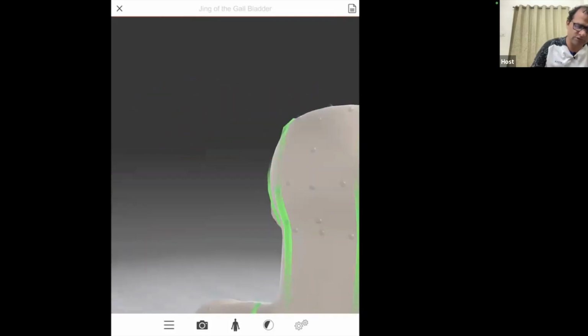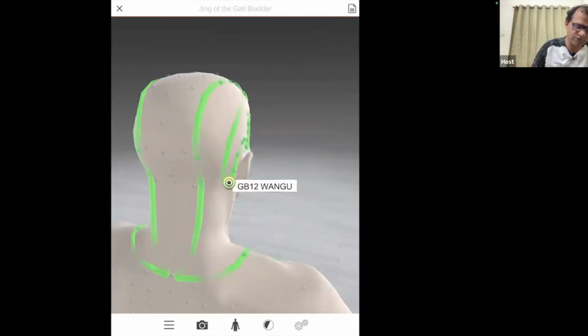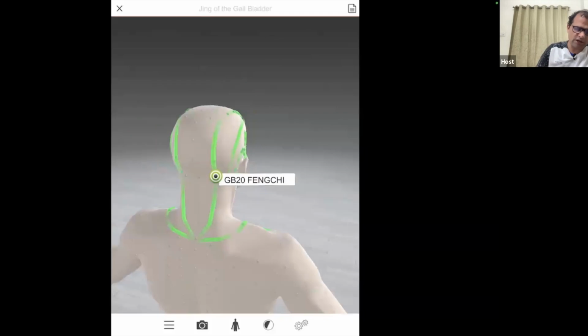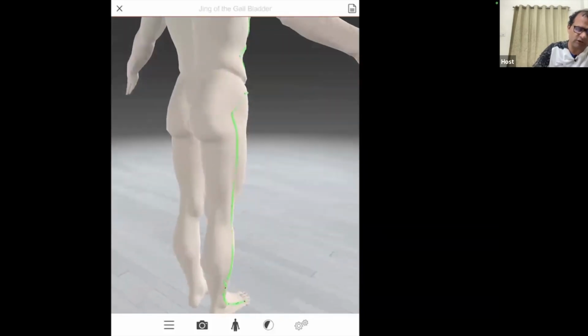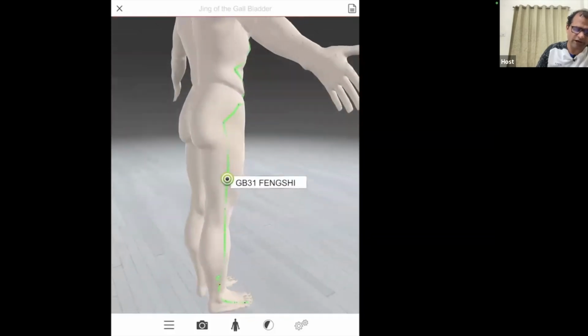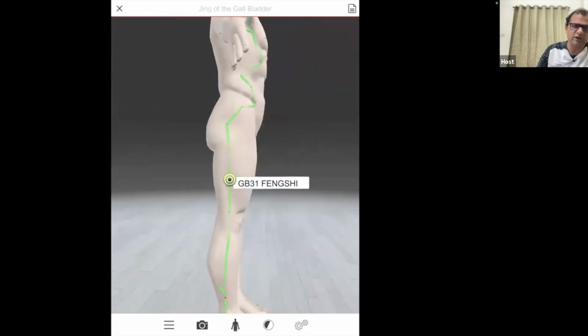Even we can use the gallbladder 20 point, which is a wonderful point for expelling the headache or the bind, बिंड को निकालने का बेहतरीन point है. And even we can use gallbladder 31. Gallbladder 31 is one of the great points which expels bind from the entire body. हमारे संपूर्ण शरीर से बिंड को और दर्द को निकालने वाला.